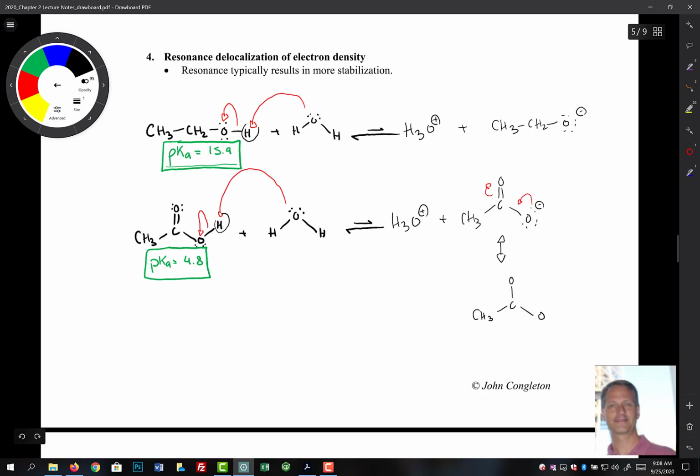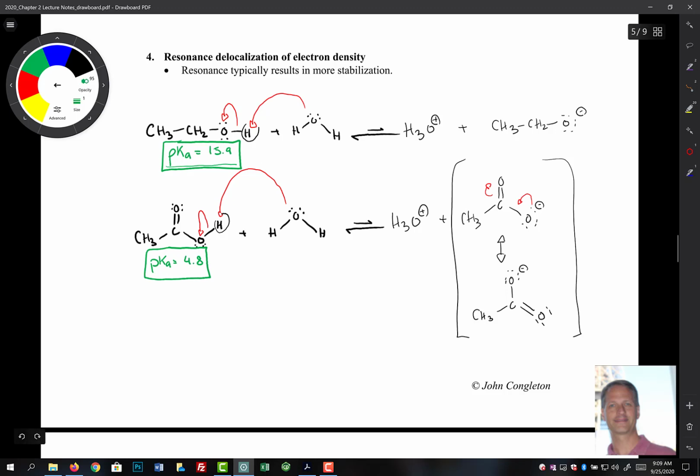Remember, our skeleton doesn't change. So you've got your oxygen down here, and then your bonding set of electrons in that top carbon-oxygen double bond become a lone pair, and we get a negative charge there. And there we have it. So again, the delocalization of those electrons helps stabilize the conjugate base.